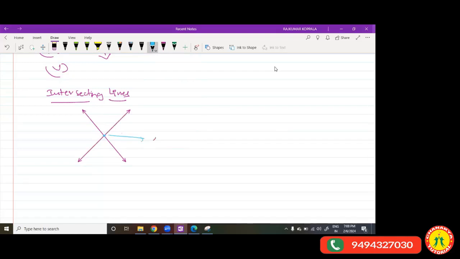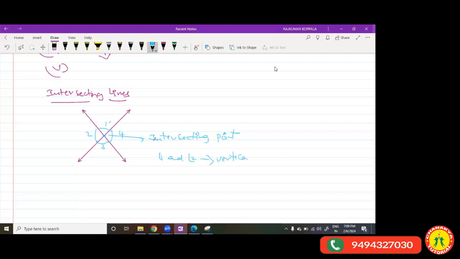And if two lines intersect, how many angles will form? 1, 2, 3, 4 angles will form. So now here 1 and 2, what I said? Angle 1 and angle 2 are called what?